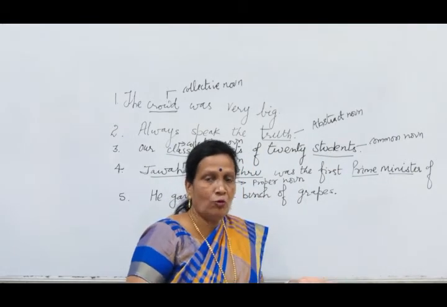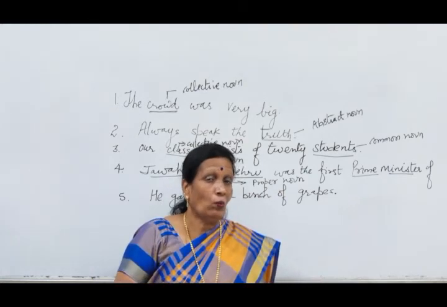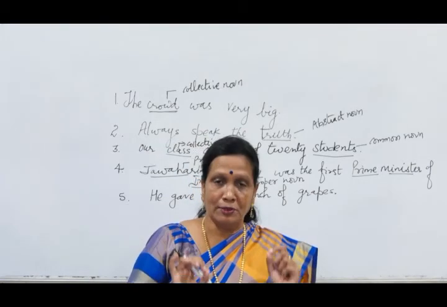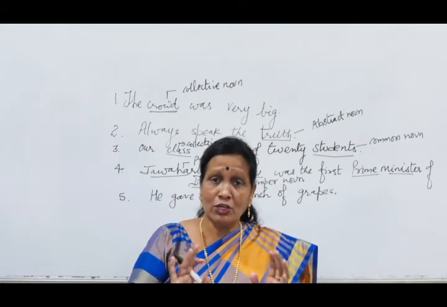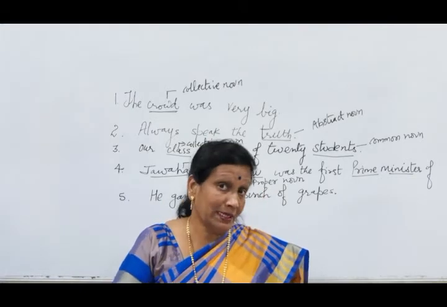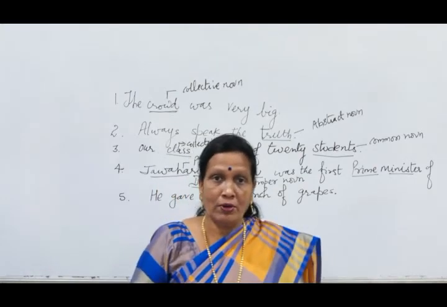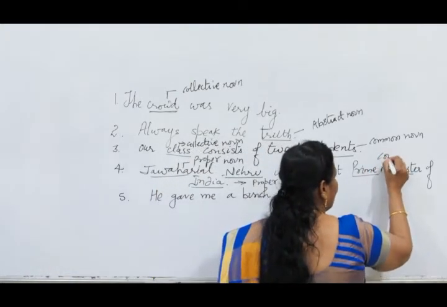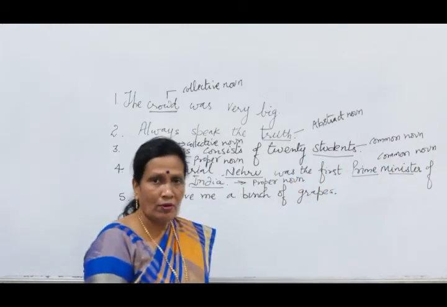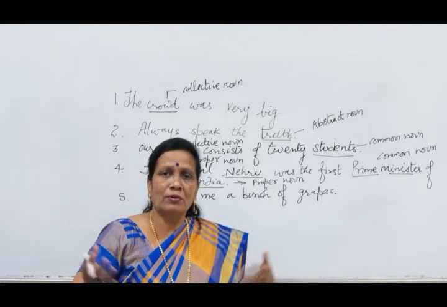Again, if we see Prime Minister, he is a person. He could be any person. Okay. Who is the Prime Minister of our country right now? Shri Narendra Modi is the Prime Minister of India. When we say Shri Narendra Modi is the Prime Minister of India, then we are talking about the present Prime Minister of India. We are talking about a particular person. But when we say Prime Minister of any country, okay, so this is a common noun. There were so many prime ministers in the world in the past.